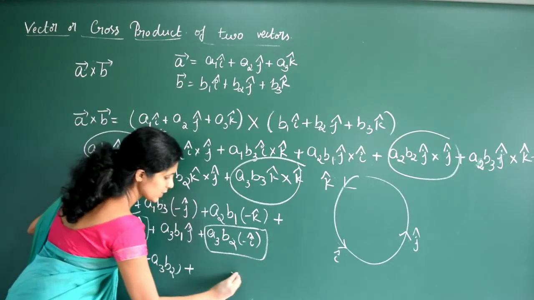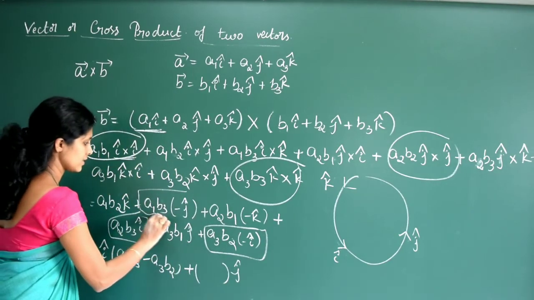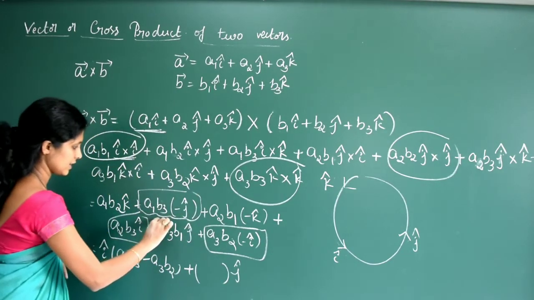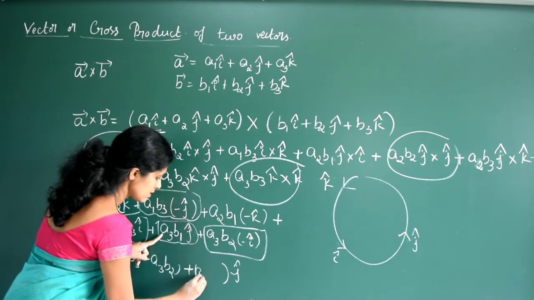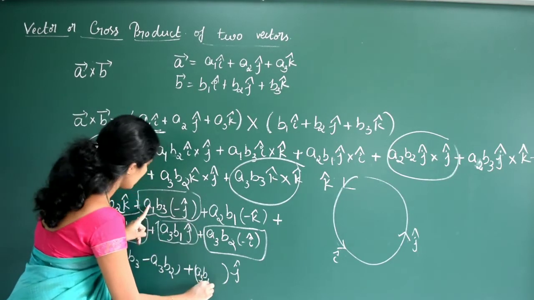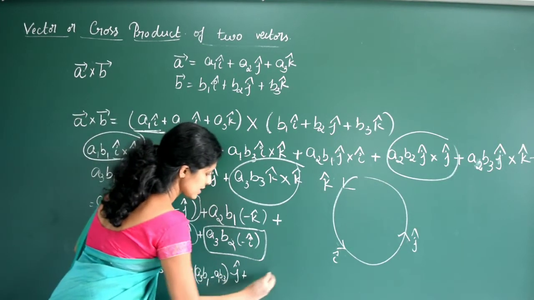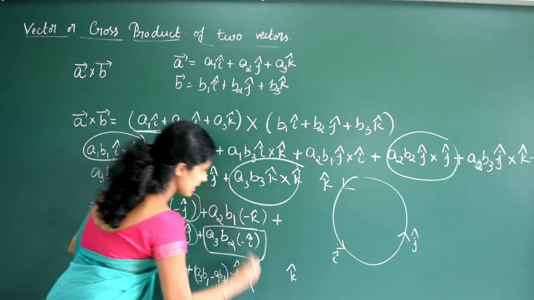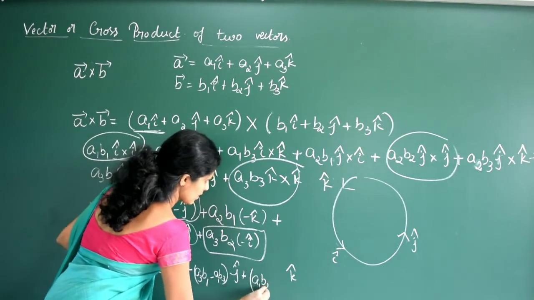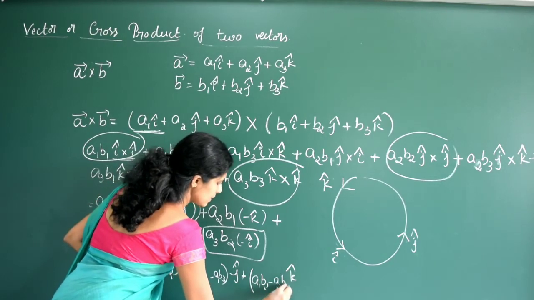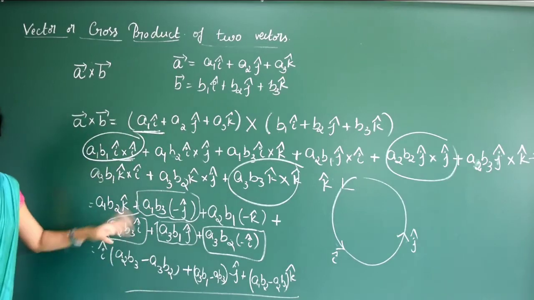Plus I need to collect the terms in j cap, one is this and another here: j cap times (a3 b1 minus a1 b3). And the last is k cap, remaining here: a1 b2 minus a2 b1. This is the cross product of two vectors.